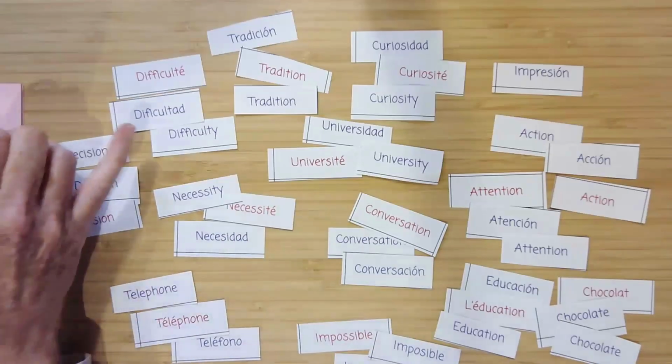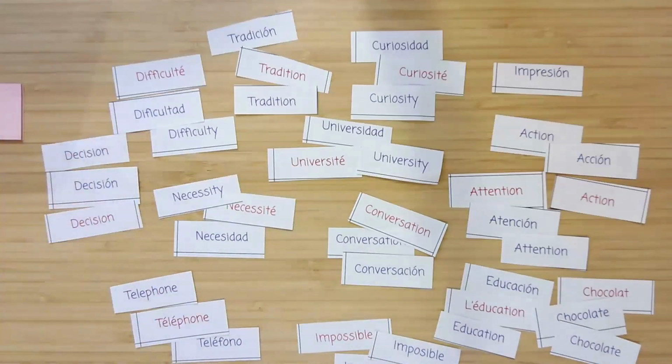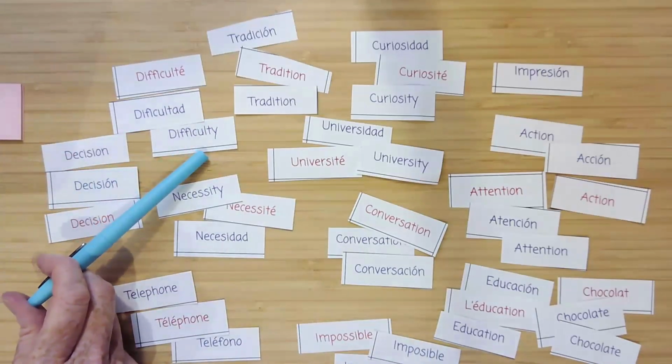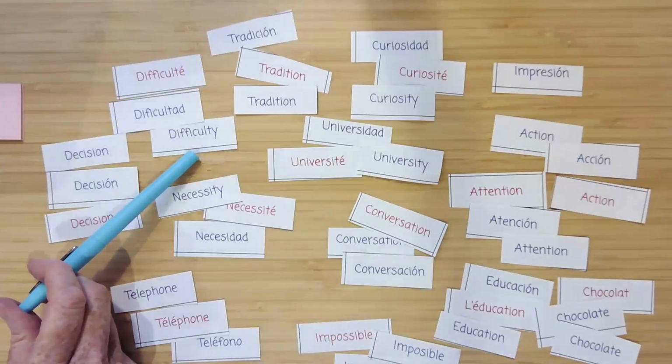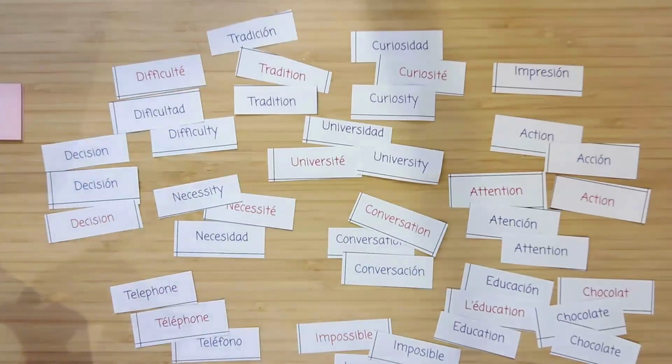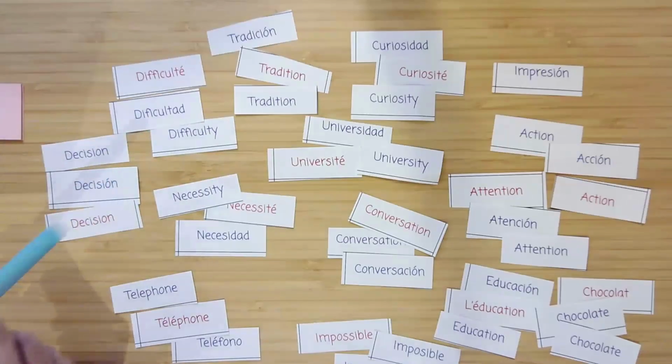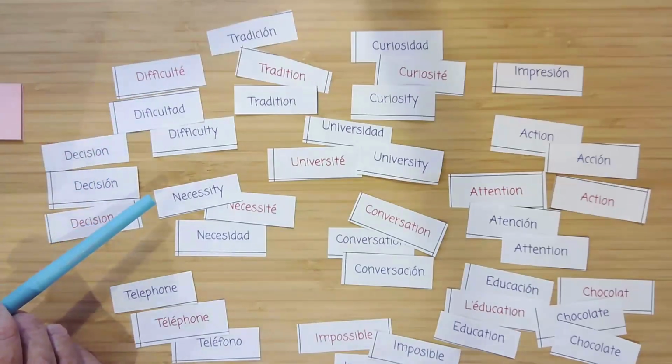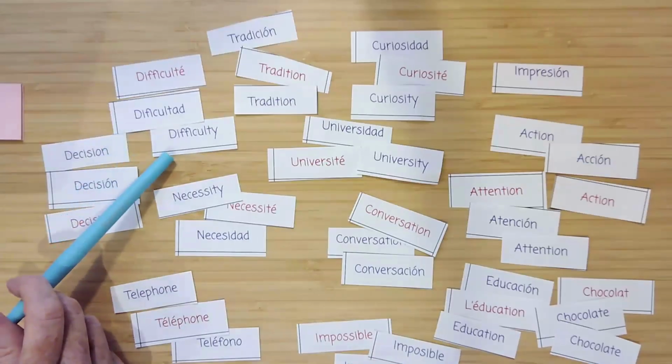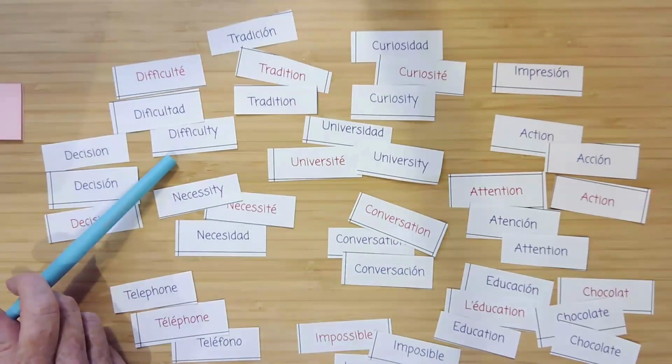And oh, look, there's difficulty. That also has a Y in English. So we're going to predict that it might have an AD, a TAD, and it does. It's not a DAD, it's a TAD, but it's very similar. And it's got a TE again, which just means that if I come across the word difficulty and I'm a Spanish speaker, I could probably say it's going to be dificultad. Maybe it'd be dificultad, but it's close enough that I could probably figure out the meaning.